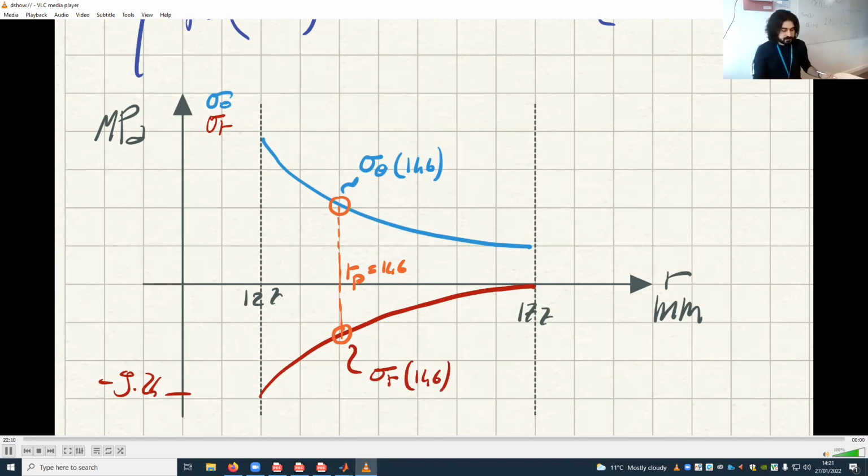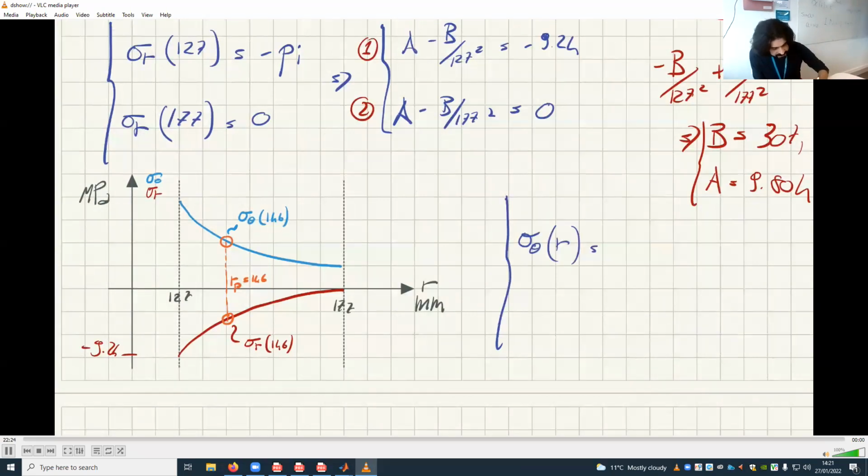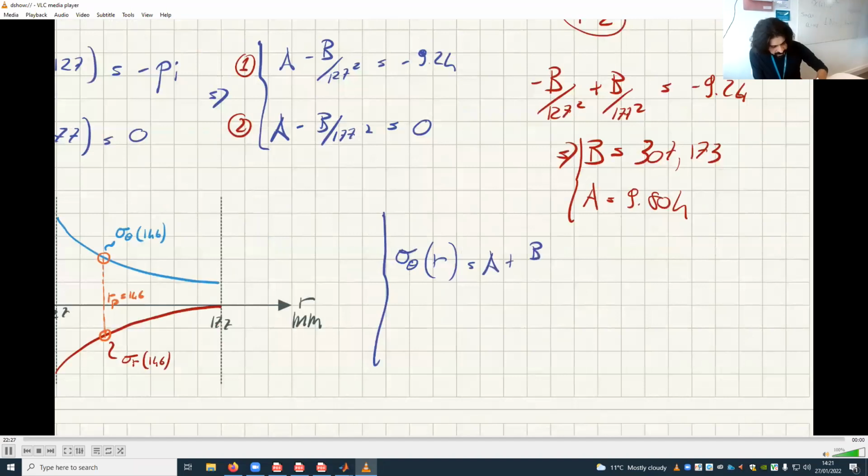Okay, well, this is the distribution, but of course, this comes from the Lamé equations. So let me write them again. Sigma theta of r is a plus b over r squared, where now a and b are these numbers here. So I'm not going to draw the numbers again. And sigma r is a minus b over r squared.